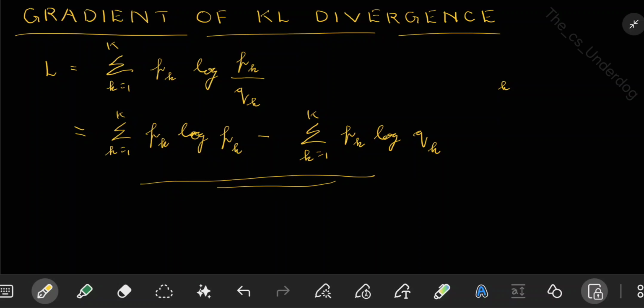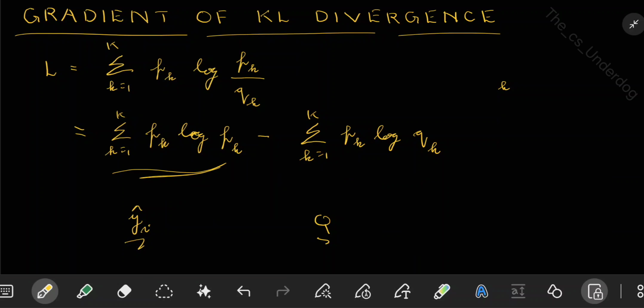Now observe this very carefully. You are going to take the derivative with respect to yi cap, that is with respect to distribution q, not distribution p. But this term is a constant with respect to q. There are no terms related to q at all here.